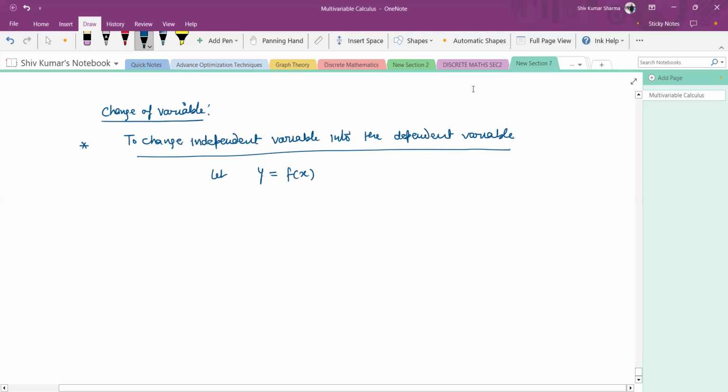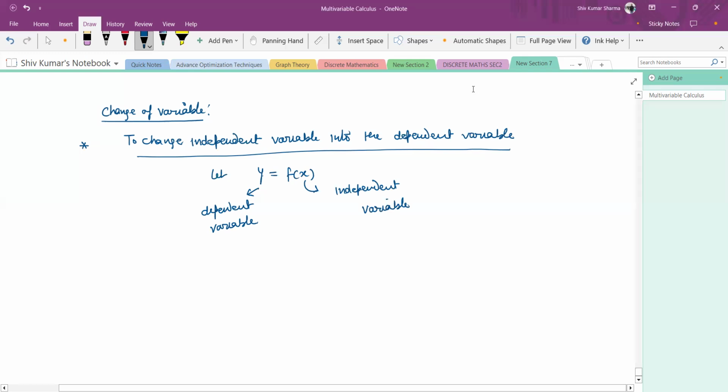So we are talking about a single independent variable, that means x here. So y works as a dependent variable. So this y we write down as dependent variable and x works as an independent variable.